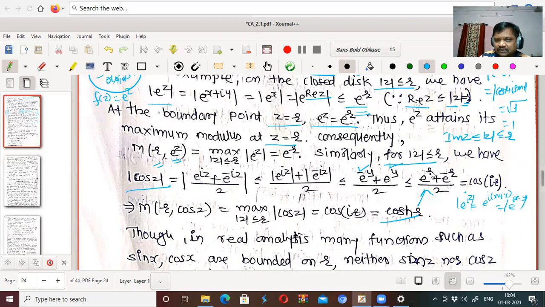What is sinh r? e to the power r minus e to the power minus r divided by 2. That is the cosh and sinh, and cosh is also the same as cos ir.